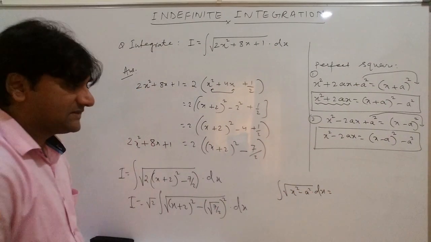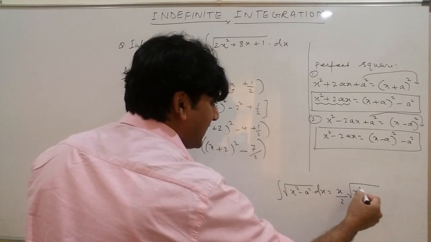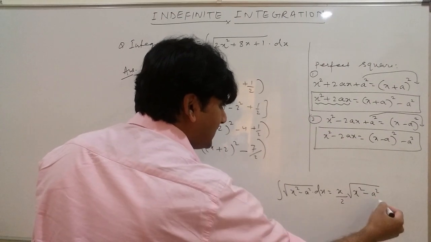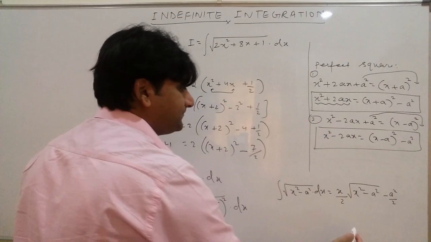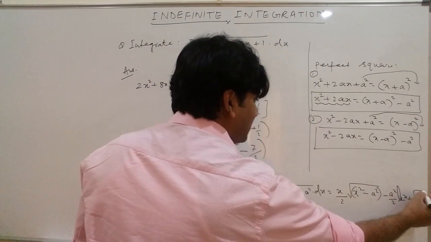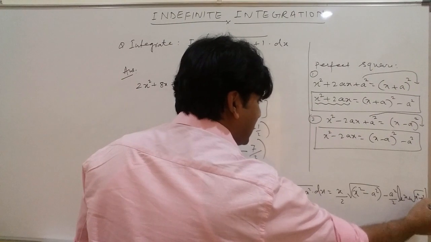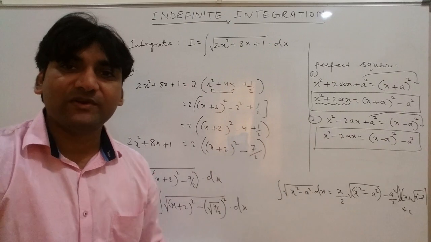Root x square minus a square. Formula was x over 2 times root x square minus a square, then minus a square by 2, and ln x plus root x square minus a square plus c. It was the formula which you had seen in my earlier video.